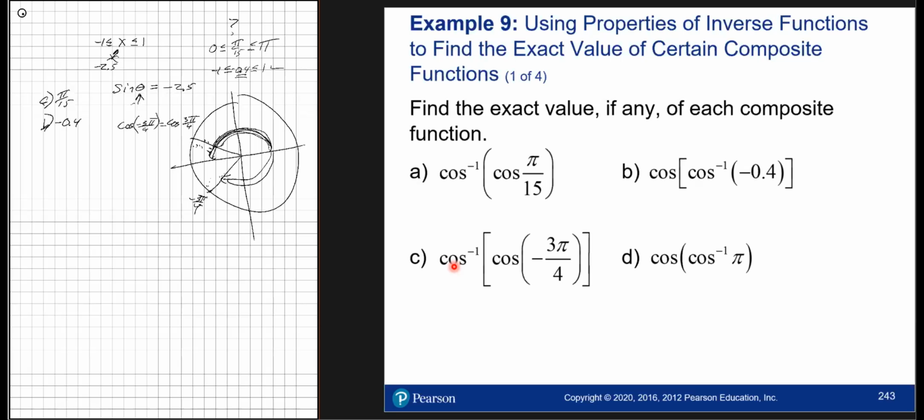And then the cotangent: the only angle from 0 to pi whose cotangent is negative square root of 3 is 5 pi over 6. So there we have that.